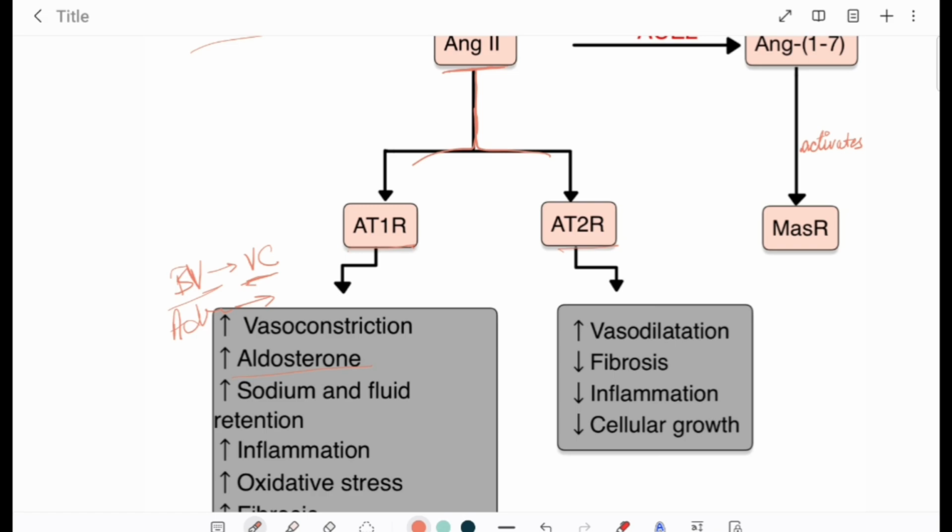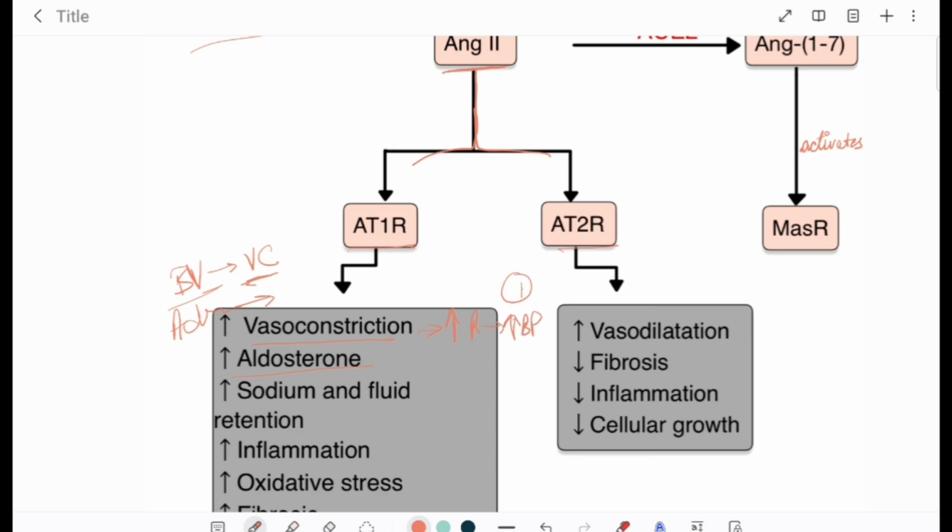Because of vasoconstriction in our blood vessels, the resistance is increasing, because of which the blood pressure is increasing. This is the first way we have.